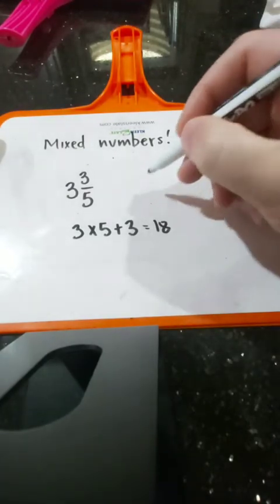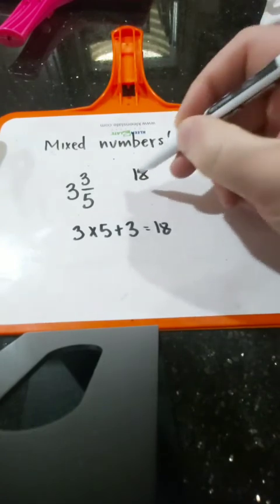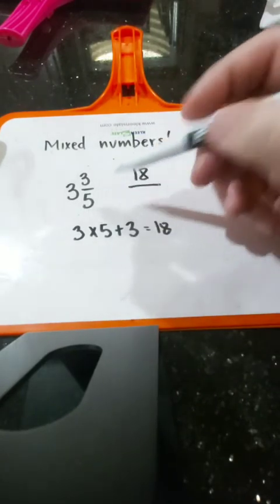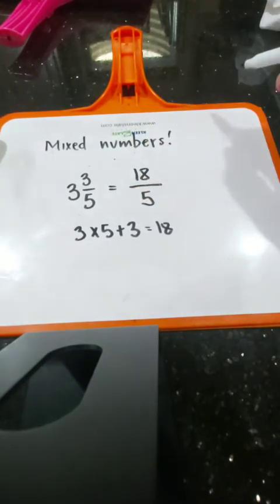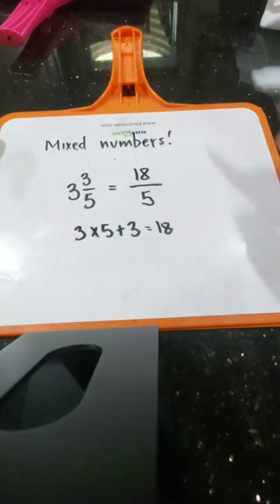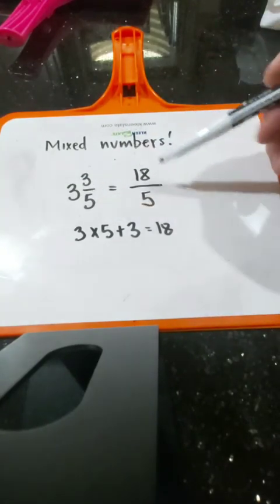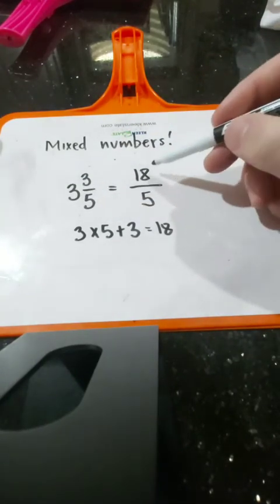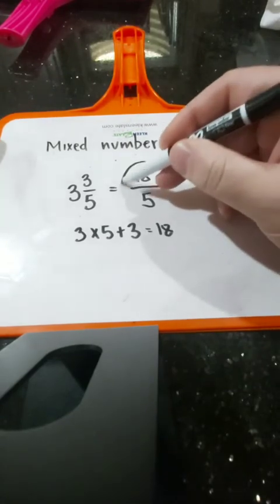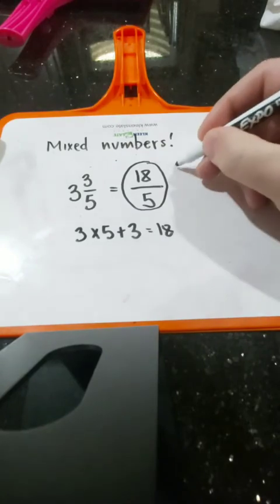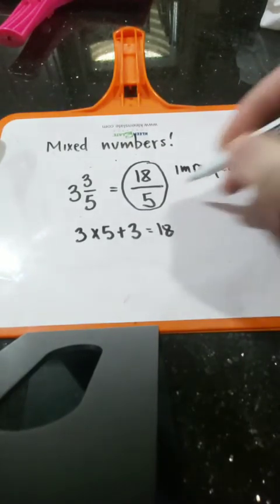So now we know that our top number is going to be 18. Now, we keep our denominator the same. So that just stays as a fifth, okay? So therefore, we have just converted the mixed number 3 3/5 into the improper fraction 18/5. So 18/5 is our answer, and it is an improper fraction.